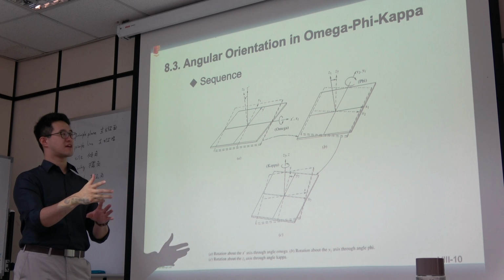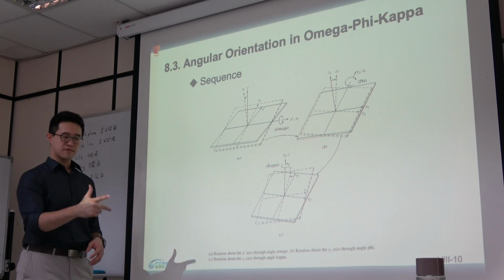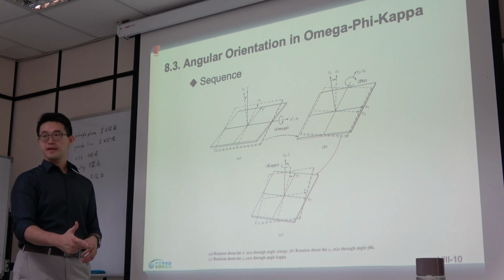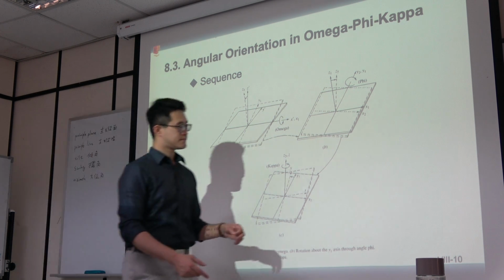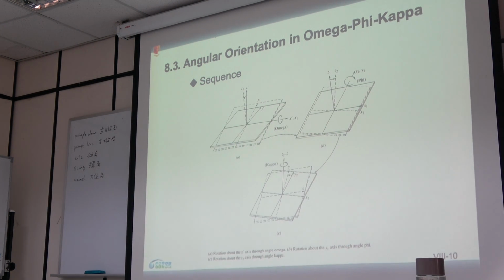Let me repeat it again. So in the object space, you have the large X, Y, Z system. And then, maybe I'll draw it.